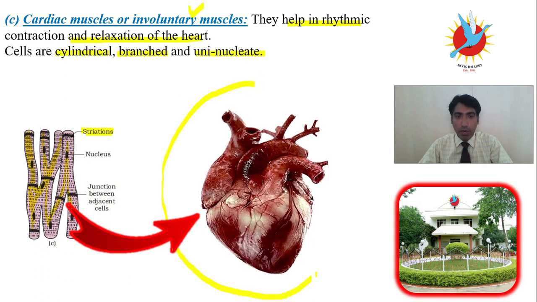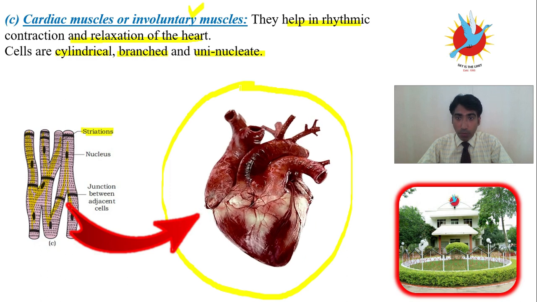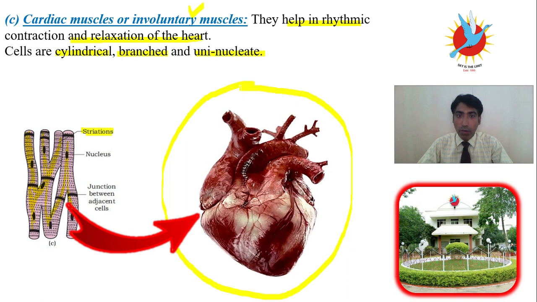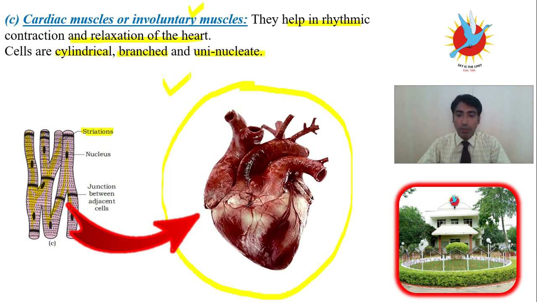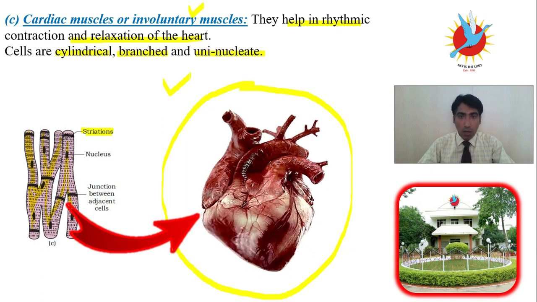That is why they are called cardiac muscle. One more important point, they never tire. They keep on working 24/7 from birth till our death. These are a special type of muscle present only inside the heart.